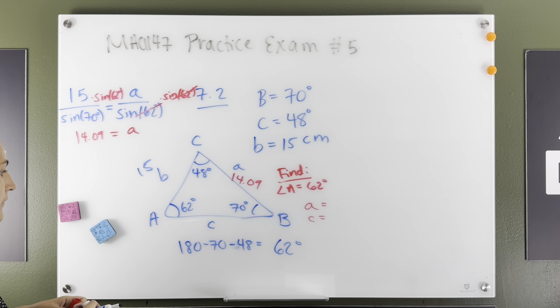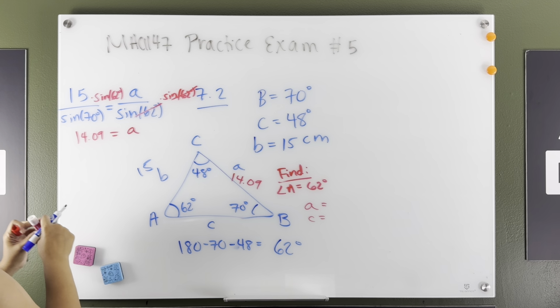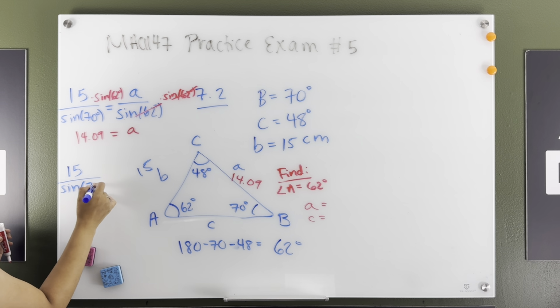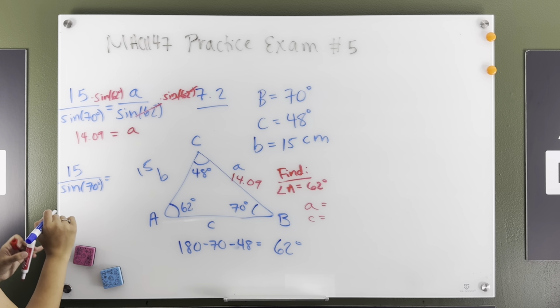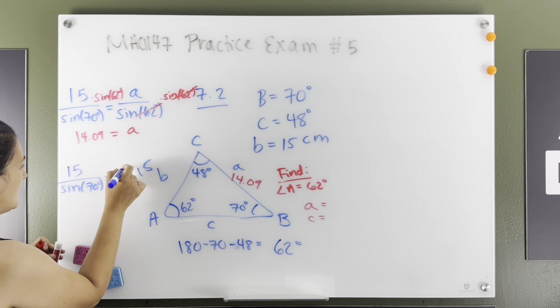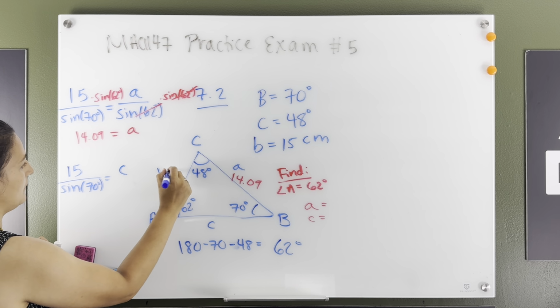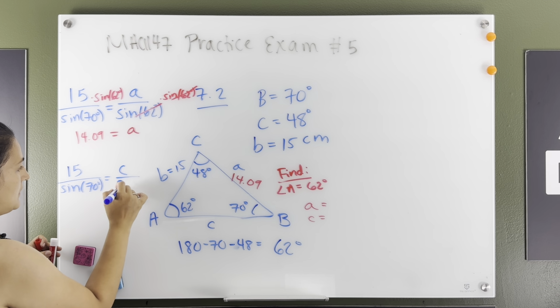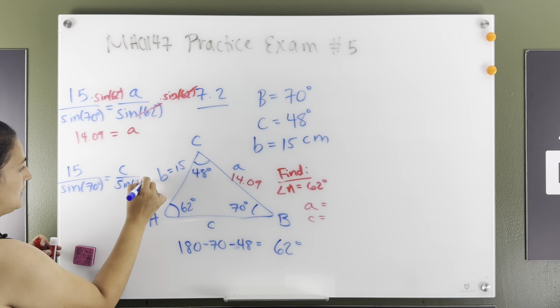Okay, and then similarly for C, I'm going to use the same left-hand side, the one that uses the given side B, and I'm going to solve for C, so I'm going to make it side C over sine of the angle C, which is 48 degrees.